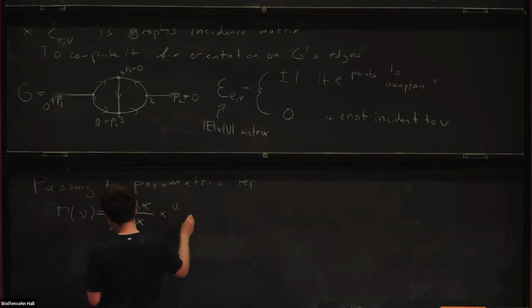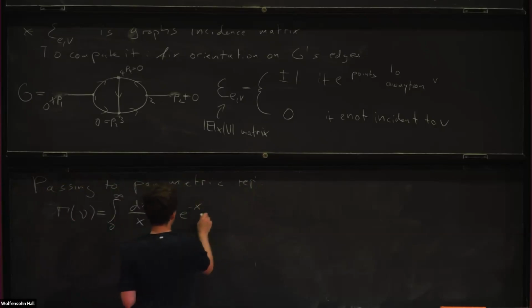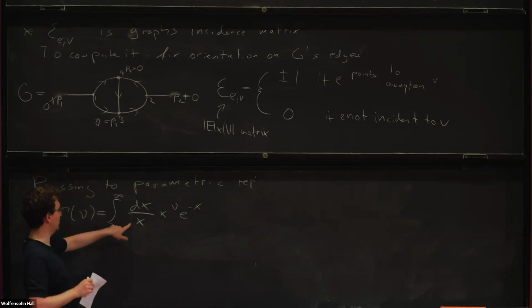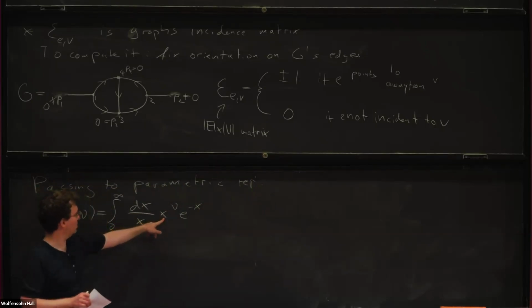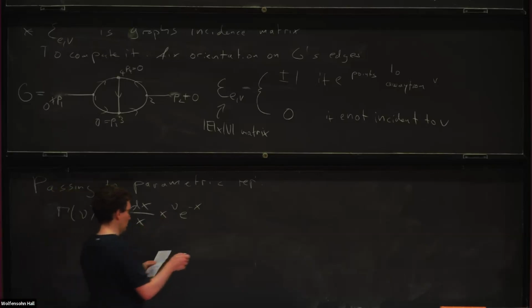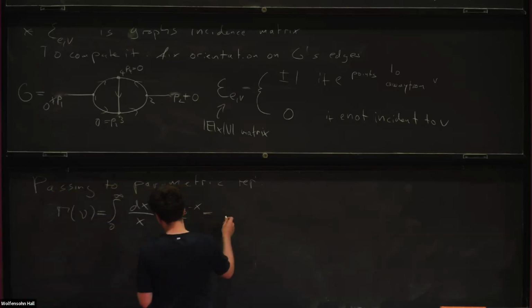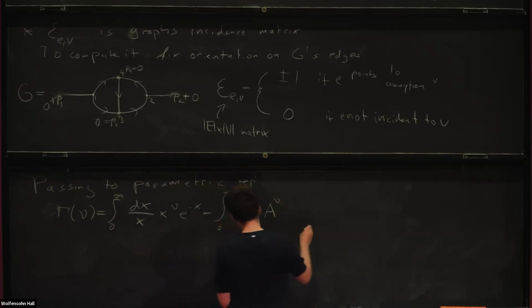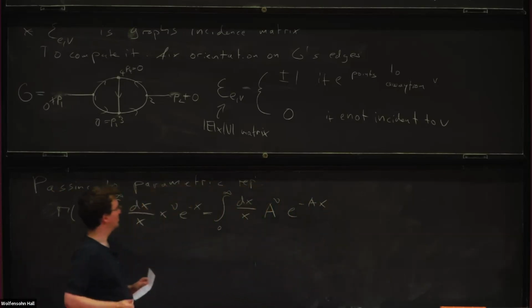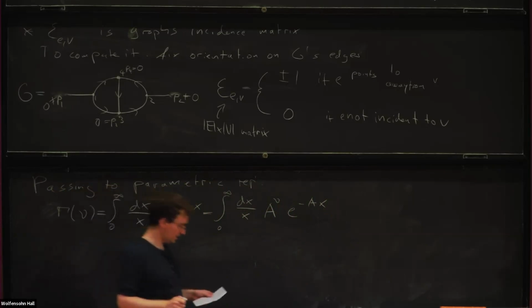You probably have seen this before. So this is the defining equation for the gamma function. And we can just scale x by some arbitrary value a. So let's say this is equal to the integral from 0 to infinity of x to the nu times e to the power of minus ax.